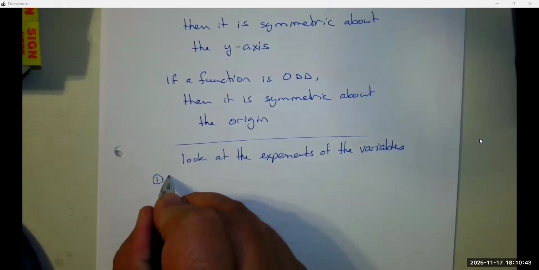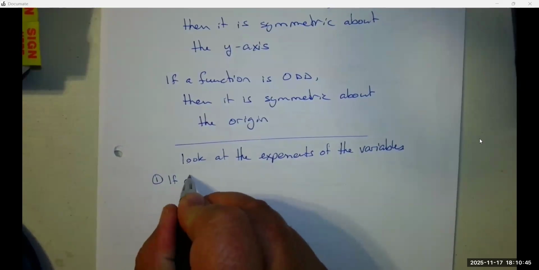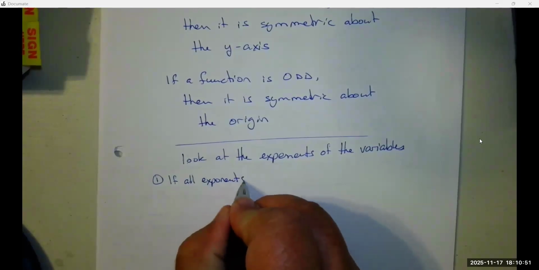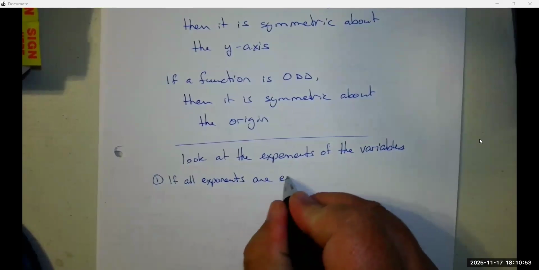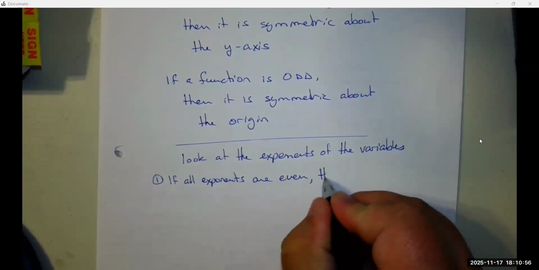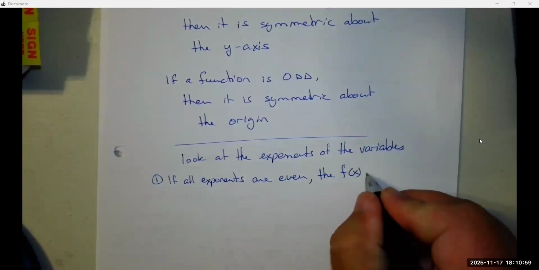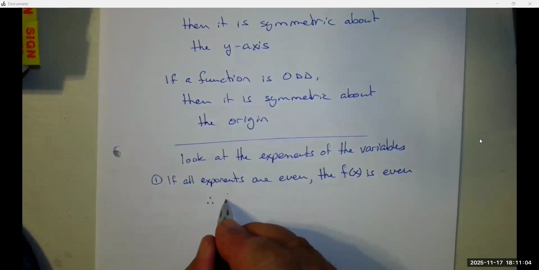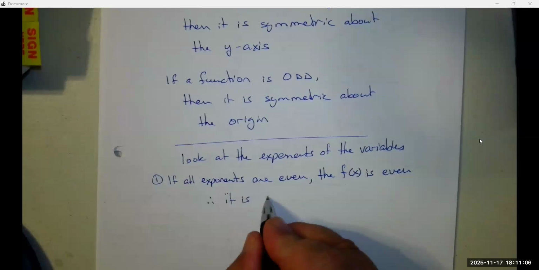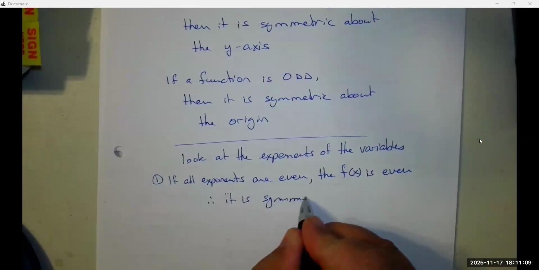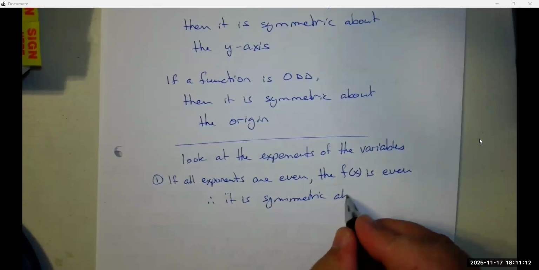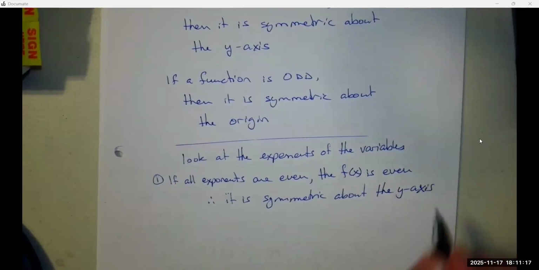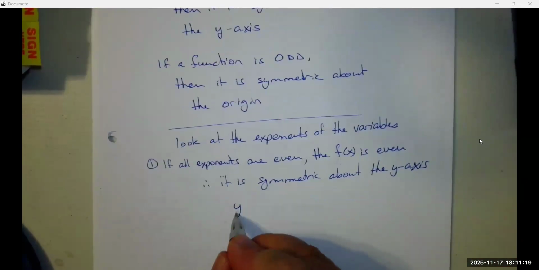One, if all exponents are even, the function is even, therefore it is symmetric about the y-axis. For example, let's see what that looks like.